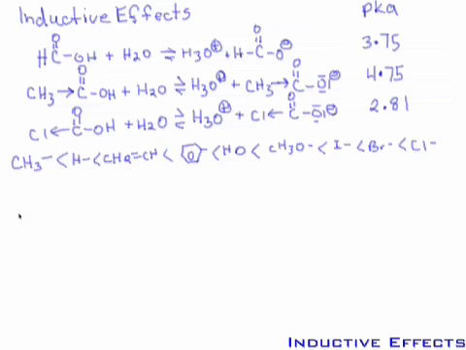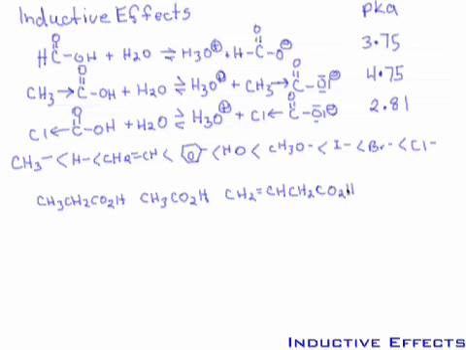Now in terms of carboxylic acids, if I take CH3, CH2, CO2H, and I compare it to CH3, CO2H, and I compare that to when you put an alkene on, when you put the aromatic ring on, and we'll continue with this.